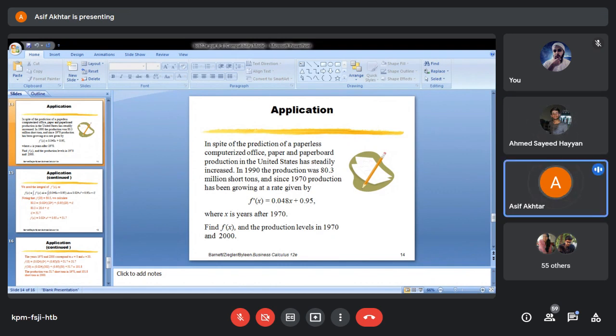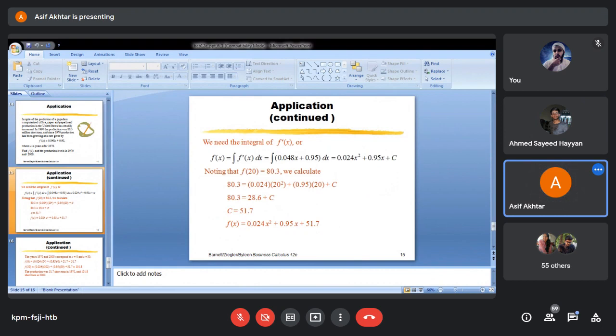Now see the solution now. It is given here that according to the question in 1990, the production is 80.3. So in place of 1990, it is wrongly mentioned here as 20. Is it wrong to write 20 here, or is it right to mention 20 here?